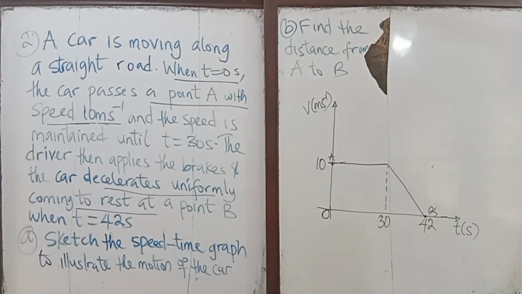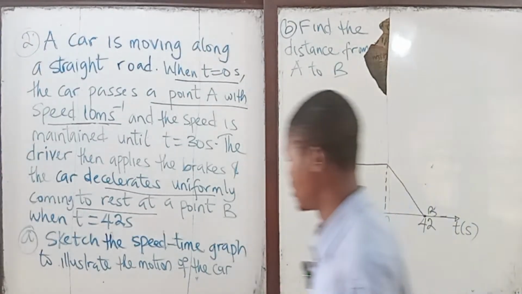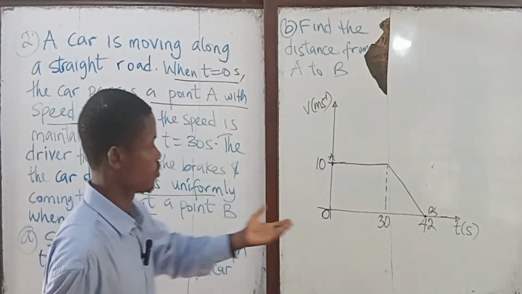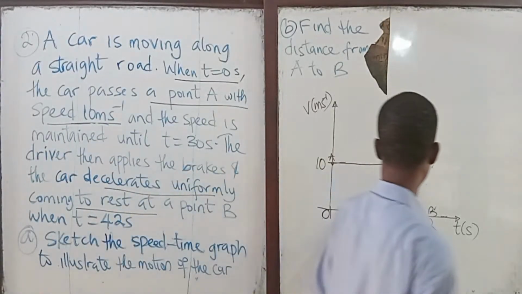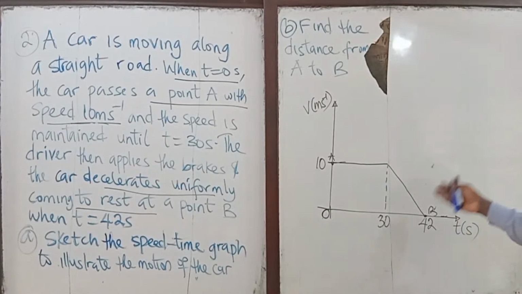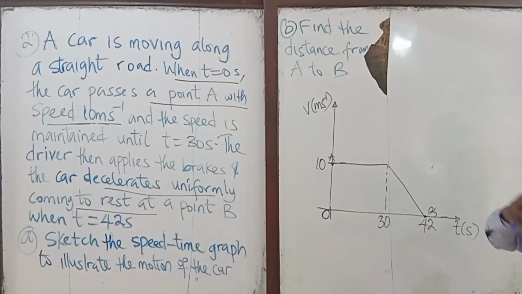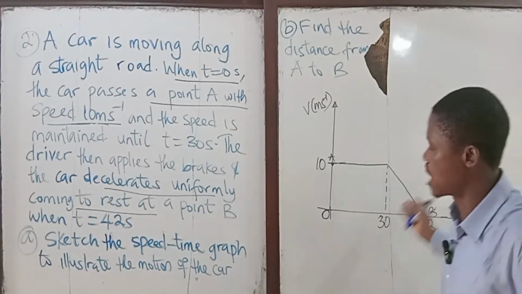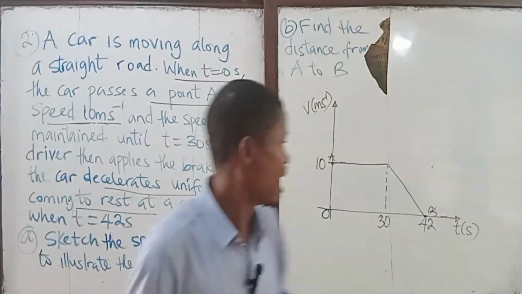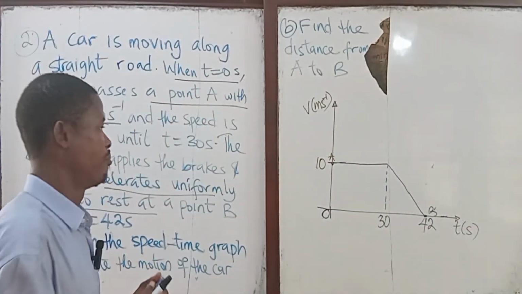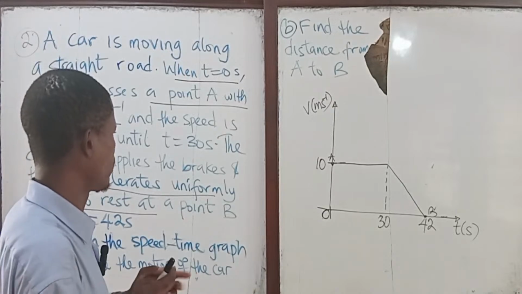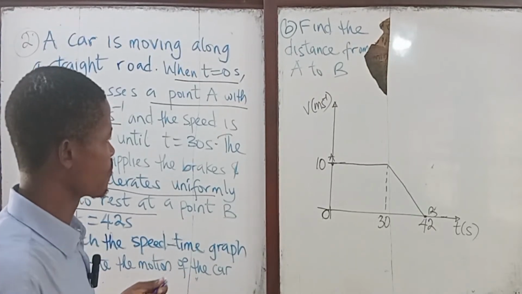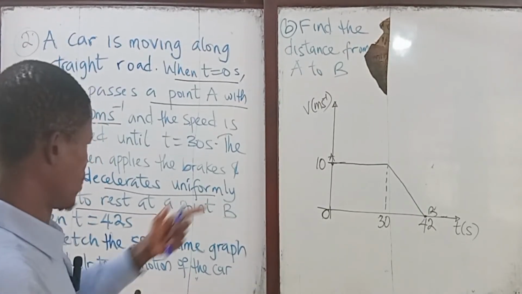Sketch the speed time graph to illustrate the motion of the car, which we have done. The next thing we can do, if we like, is make this diagram big, but it's okay this way. So we have done the A part.